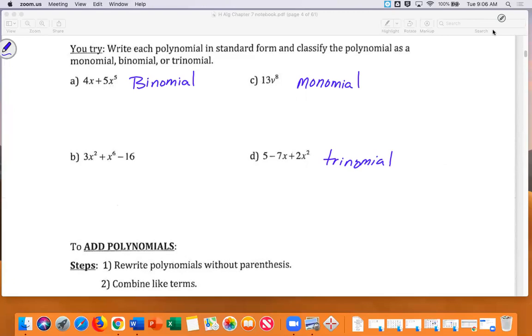B. All right, who am I gonna pick on, Ryan? So degree. All right, what's the largest exponent in A? 5. C? What's the largest exponent?